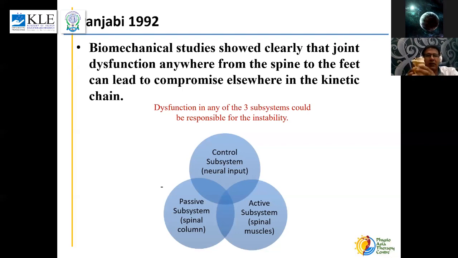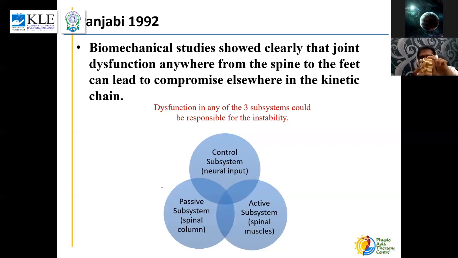If you look at your spinal column here, your spinal column is your passive support system. Then you have the active subsystem, which is your muscles. Muscles create the dynamic movement on the spine, so that is also a very important component. And third is the neural input or neural control subsystem.